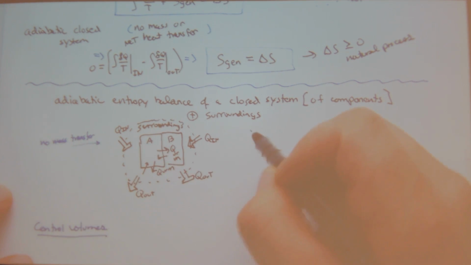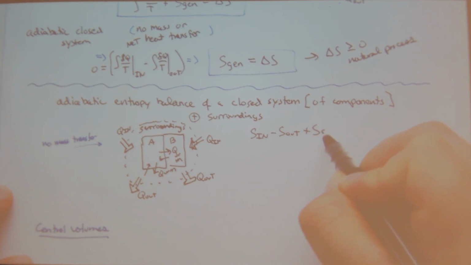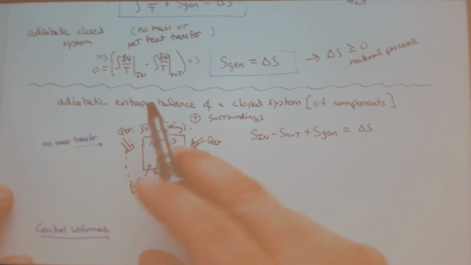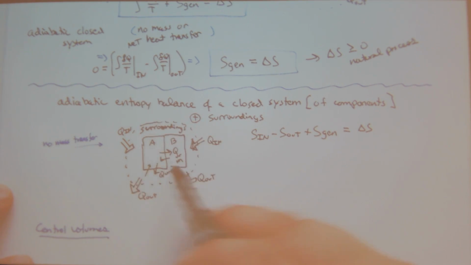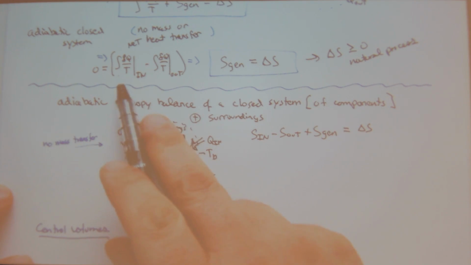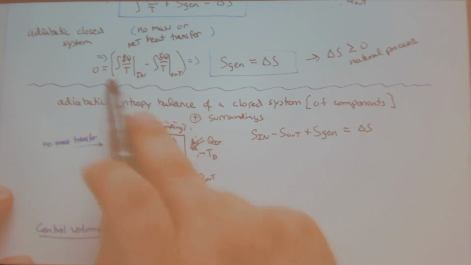So in this case, I have S in minus S out plus S gen equals delta S. So it's adiabatic, right? So I know already, the same as before, that if I integrate over all the heat in, with the boundary temperature here, right? And I Q in over TB plus this Q in over TB minus Q out, we already know that this is equal to 0.